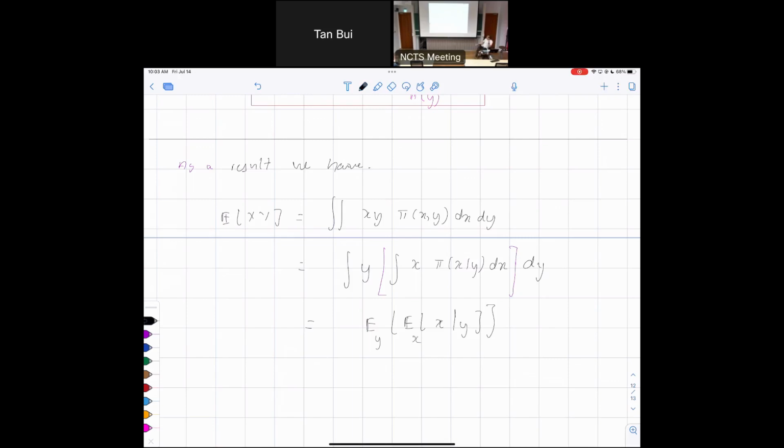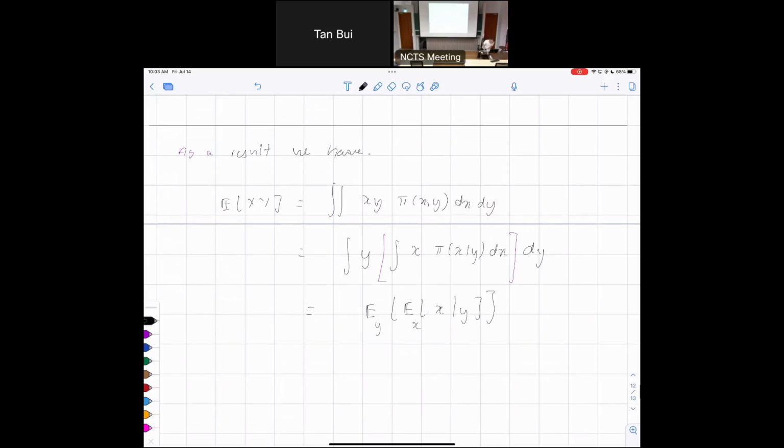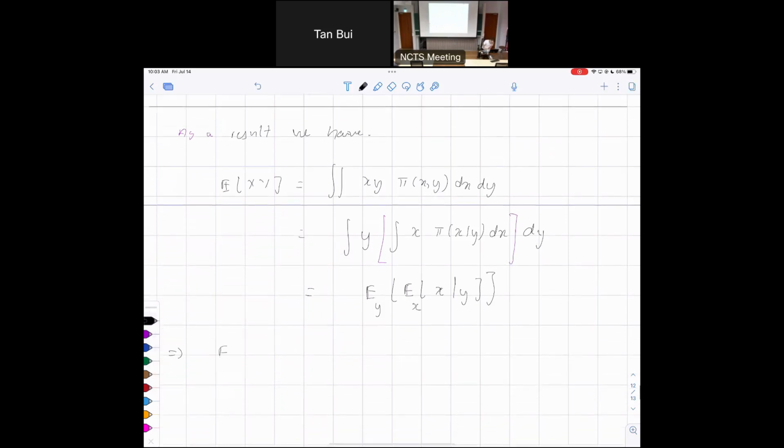We can always do this. Of course, here we say x and y, but it is much more generic: the expectation of any function of x and y. We can do the same way, taking the expectation with respect to x first of f(x,y).